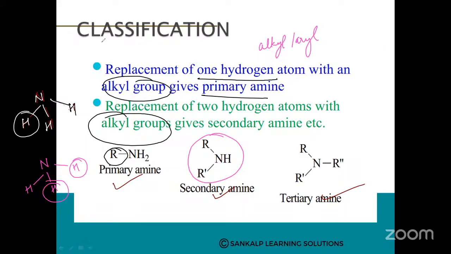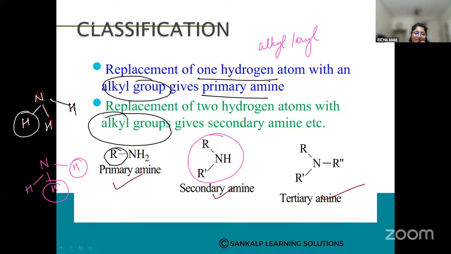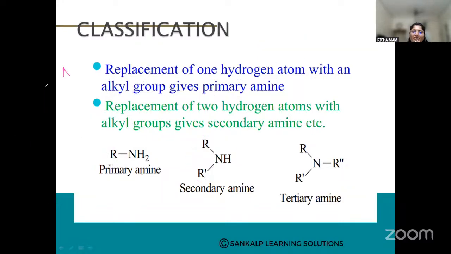I'll repeat it once again. We are discussing the classification of amines. Amines are classified as primary amine, secondary amine, and tertiary amine. What do you mean by primary amine? In a primary amine, when you see the structure of ammonia, one of the hydrogen atoms is replaced by an alkyl or an aryl group.